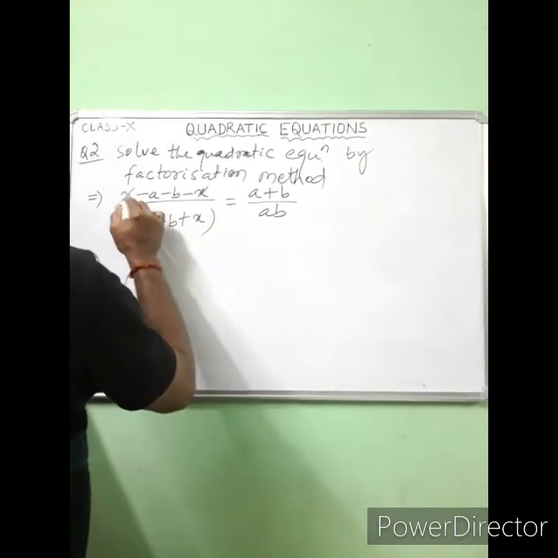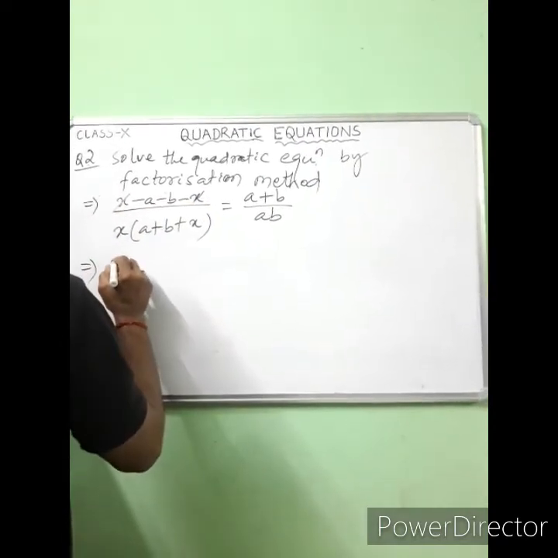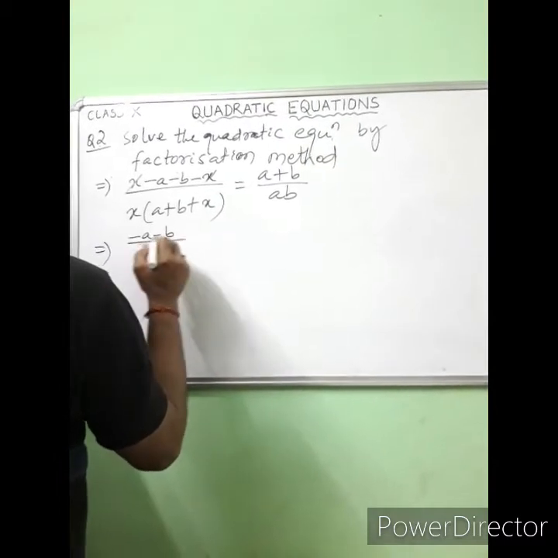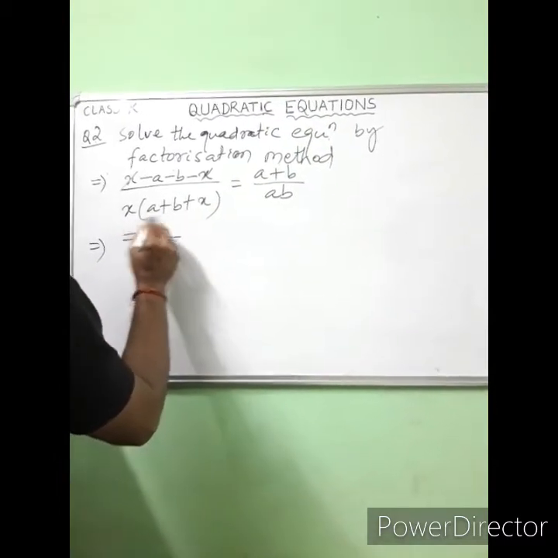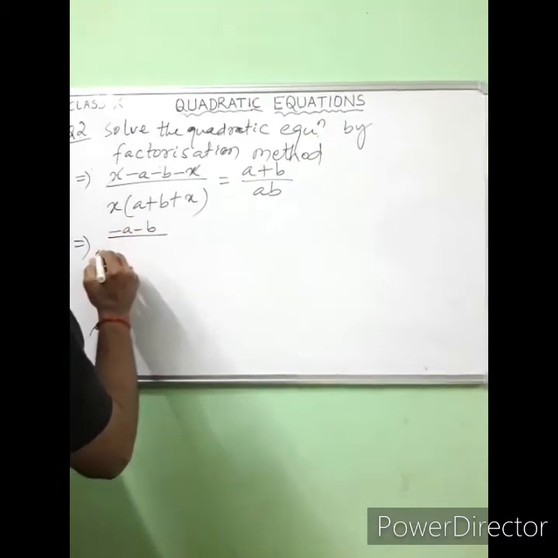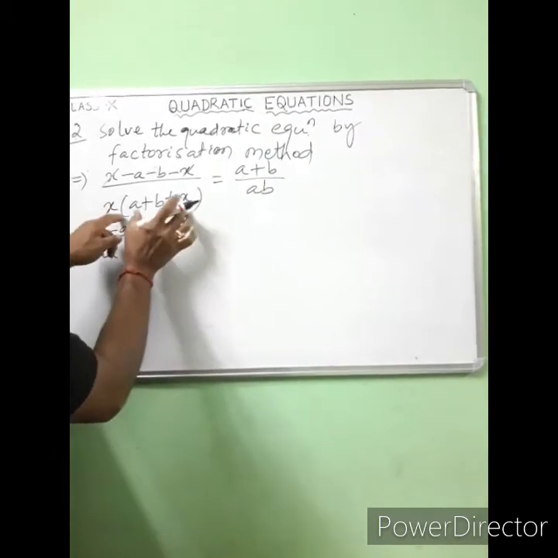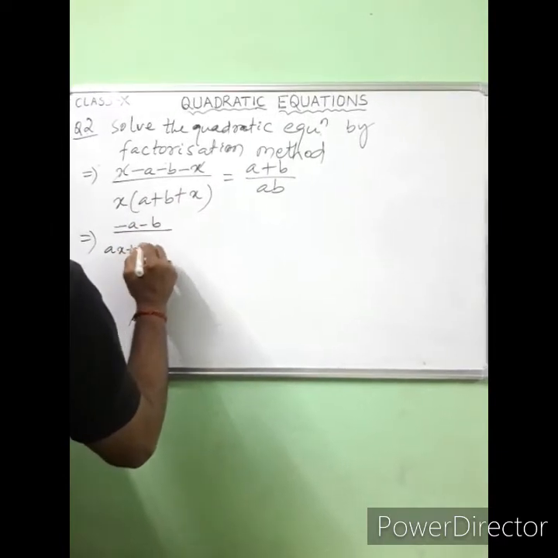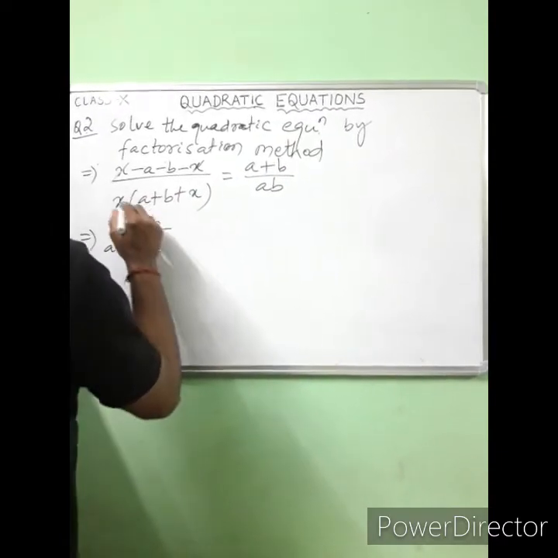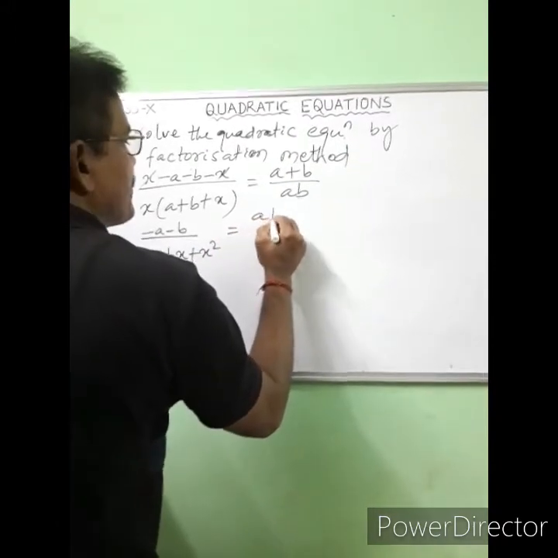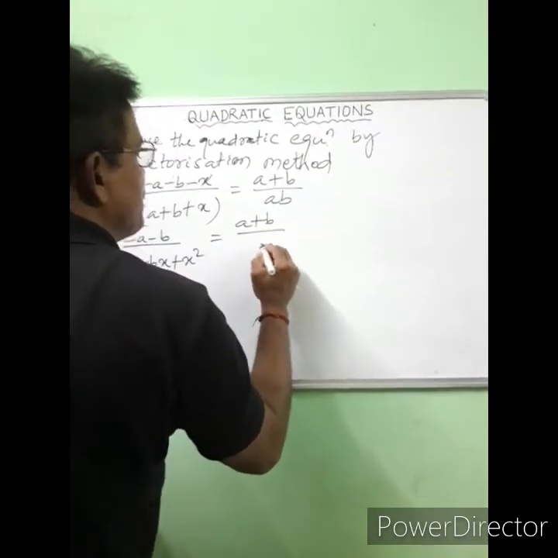Here x cancels with minus x, so we have minus a minus b by, let us multiply this out, ax plus bx plus x square. Clear? It is equal to (a plus b) by ab.